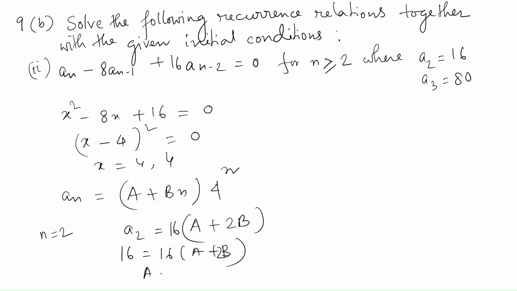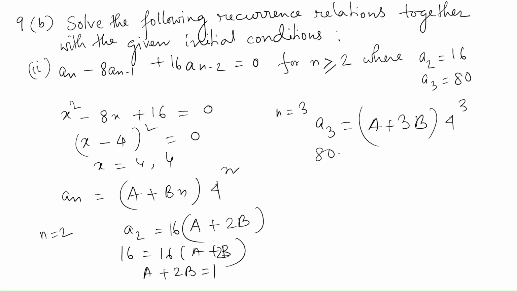So a plus twice b equal 1. Now let us put n equals 3 because a3 is given. So we have a3 equal (a plus thrice b) 4 power 3. a3 is given as 80 equal (a plus 3b) times 64, and 4 cube is 64.